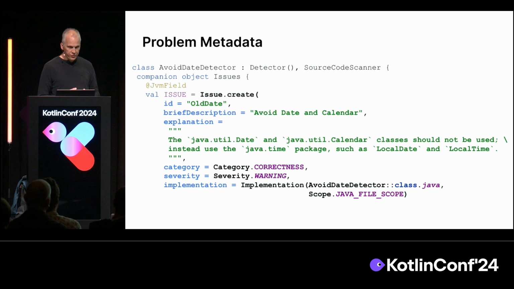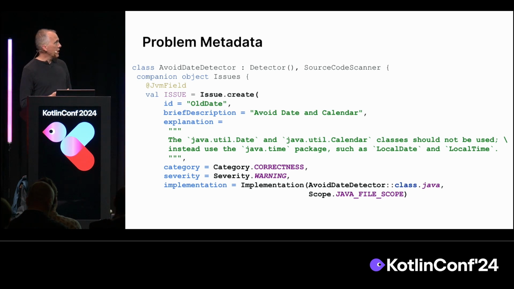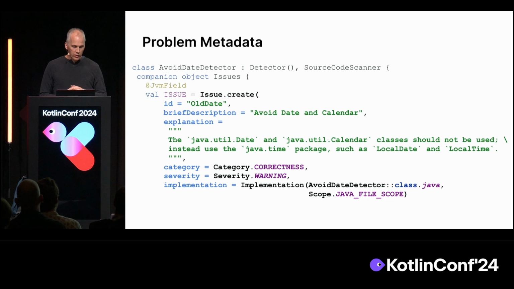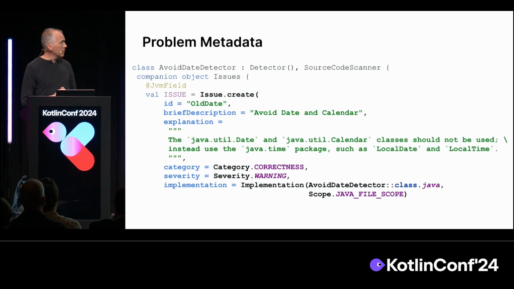Here I've picked old date. And then the explanation lets you describe what the problem is and how to fix it, ideally in more detail than I've done here. You can decide a category for the issue and whether it's an error or a warning. And last but not least, we point to the implementation that is going to actually find or detect these issues, and I've called it a void date detector.